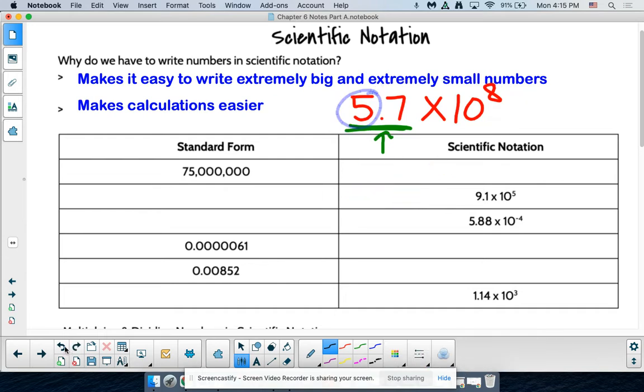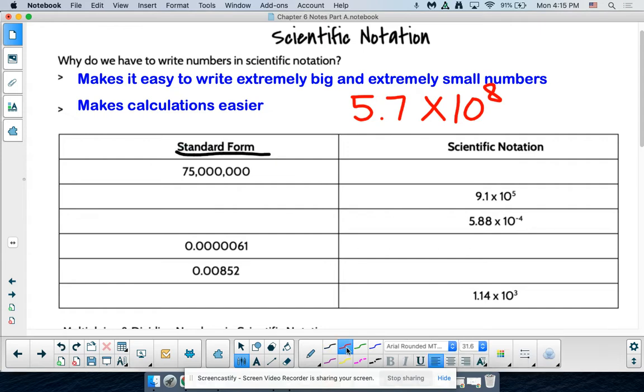So we'll get rid of this stuff for a minute here. We're going to go from standard form, which is how you normally see numbers, to scientific notation, all right? So this first one, we have the number in standard form. What I like to do is put my decimal place first. So I'm going to put it between that 7 and the 5 because that's where I know it needs to go.